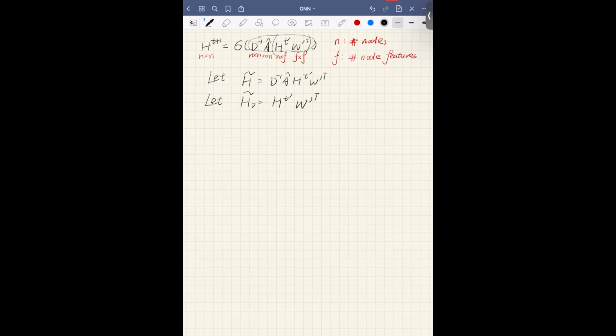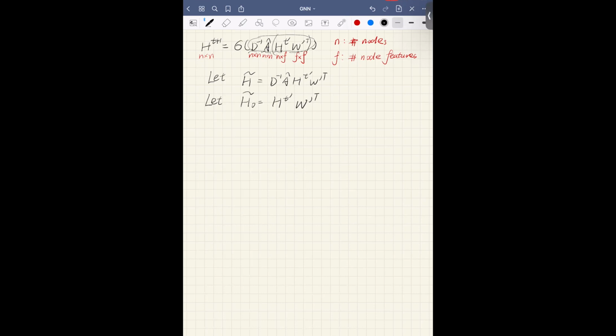The reason I define it this way is because the normalizing matrix and the adjacency matrix are constant matrices in the GCN forwards, and we only need to take the derivatives for the node features term and the weight matrix term during the back propagation.